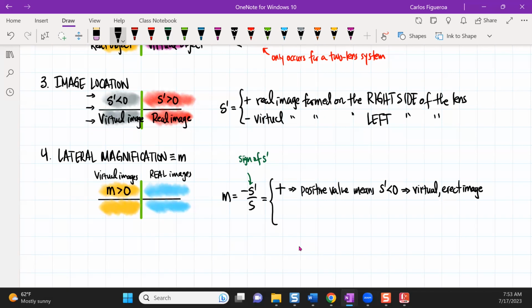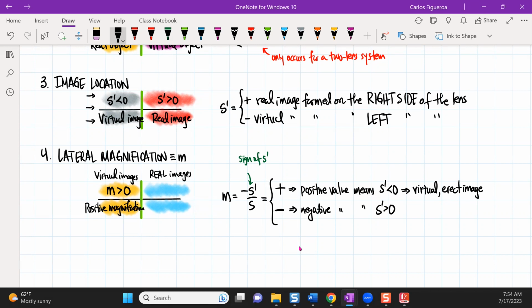So I have a positive magnification here. On the other hand, if I have a negative sign, that means that a negative value means S prime is positive.